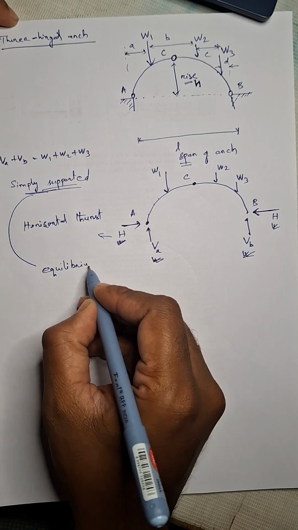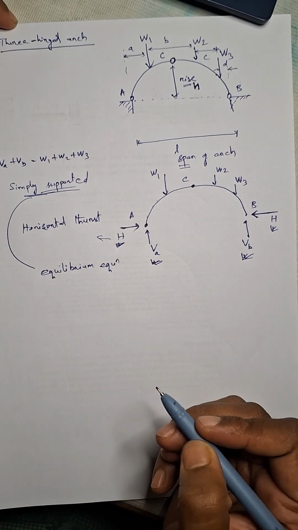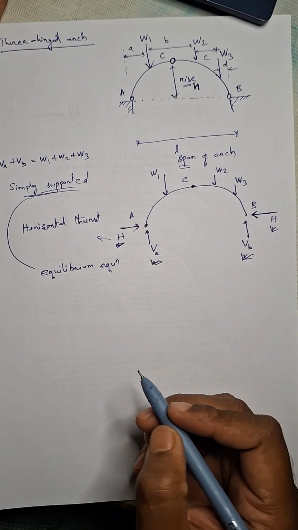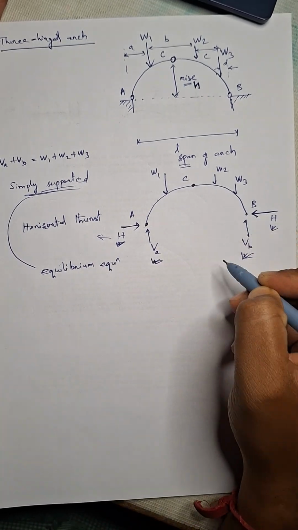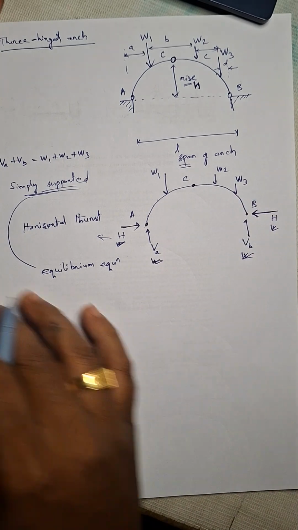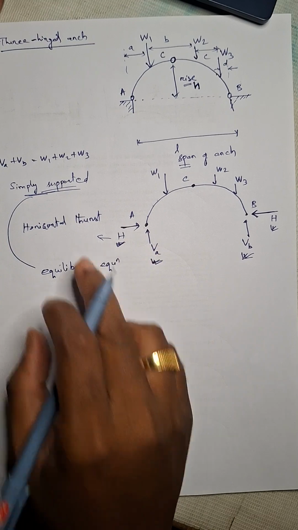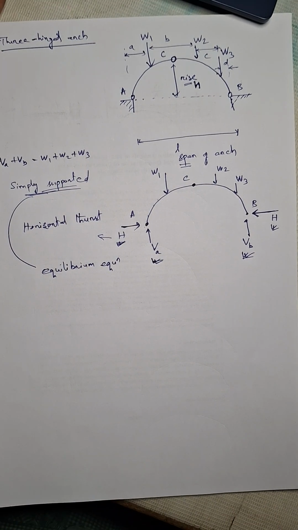Both VA, VB and the horizontal thrust can be found by applying equilibrium equations. How? At support A moment is 0, at support B moment is 0, and at C moment is also 0.